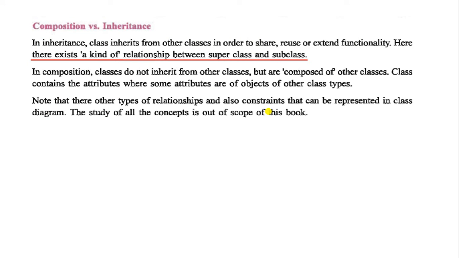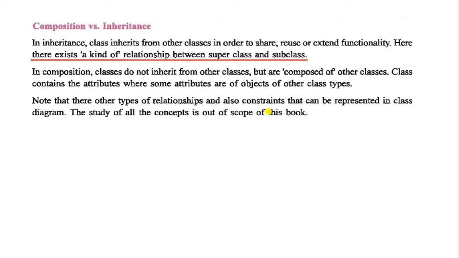Now, composition versus inheritance. In inheritance, a class inherits from another class in order to share, reuse or extend functionality. Here there exists a kind-of relationship between superclass and subclass.